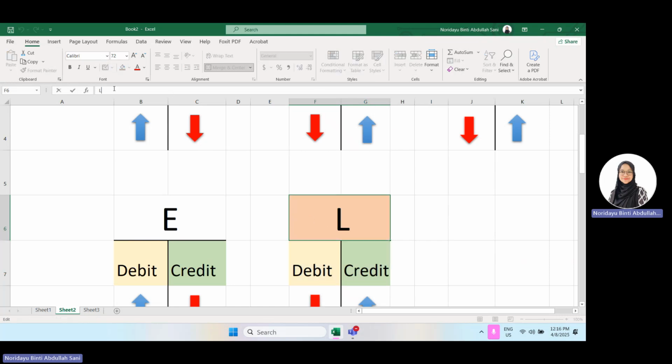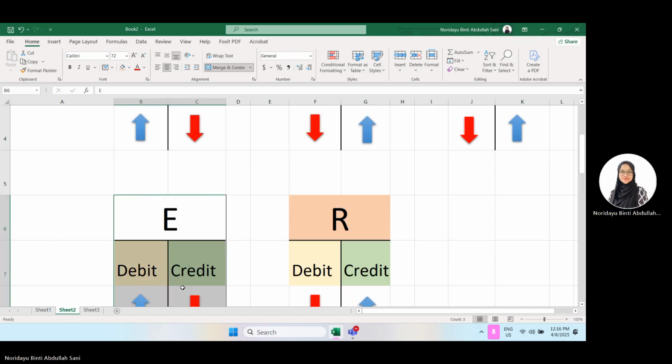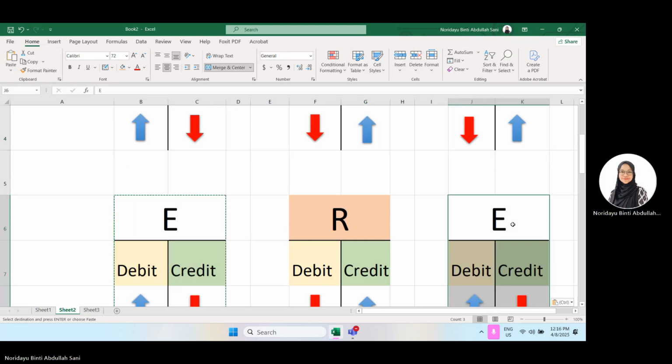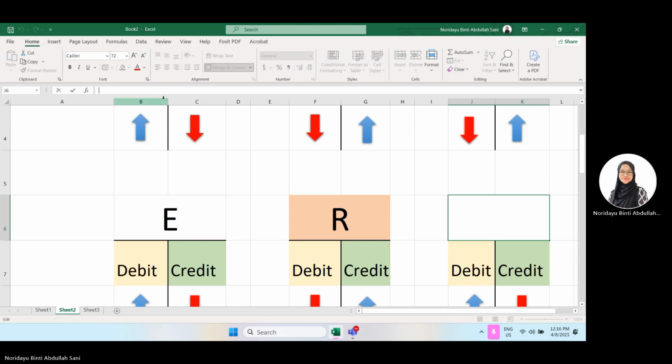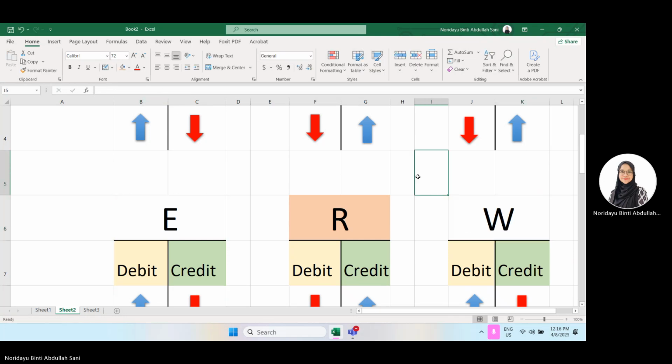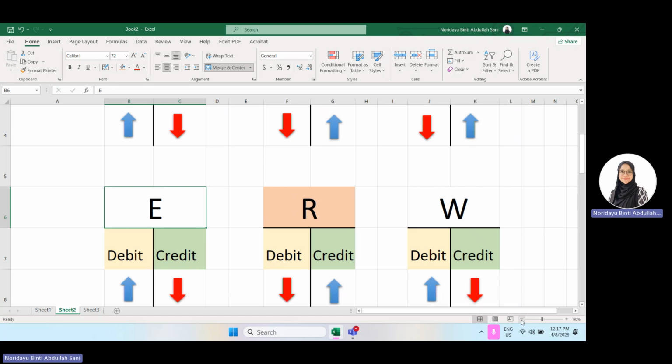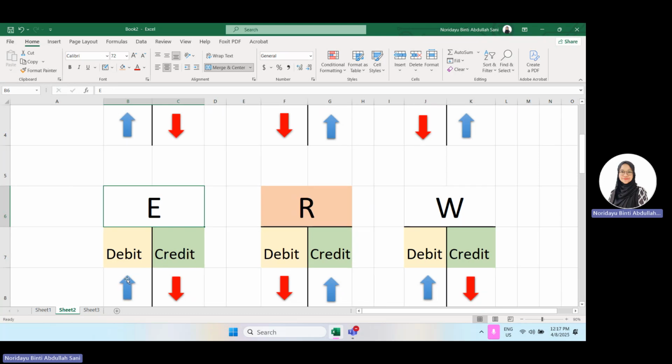So what about your revenue and expenses? Because we have 5 types of account, and in addition we have the withdrawal. Maybe I can explain also on the withdrawal. Expenses always increase on debit.